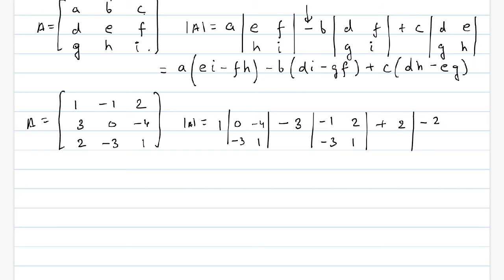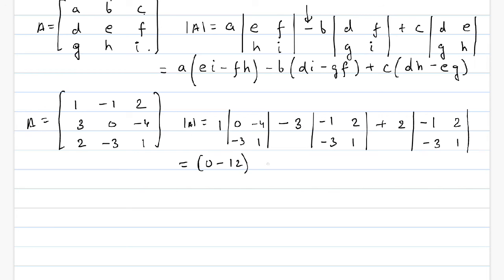We'll get minus 1, 2, 0 and minus 4. Then we'll use our cross multiplication. So we'll have 1 into 0 into 1, 0.